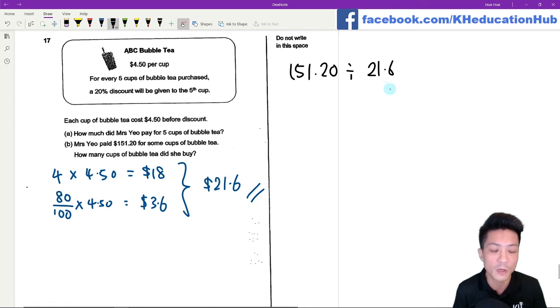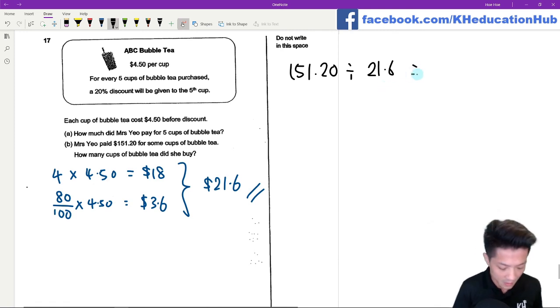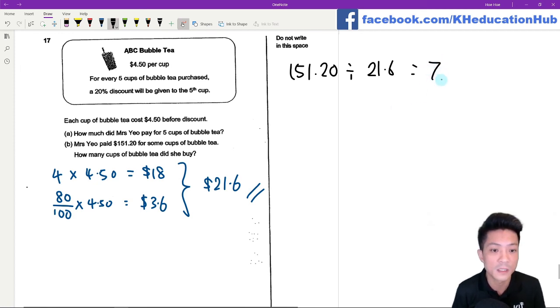This is the group of 5 cups. It gives me a nice whole number of 7. So in this case, it means that there are 7 groups of 5 bubble teas, altogether 35 cups.